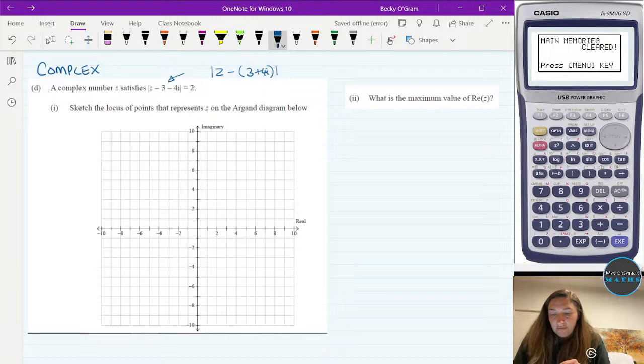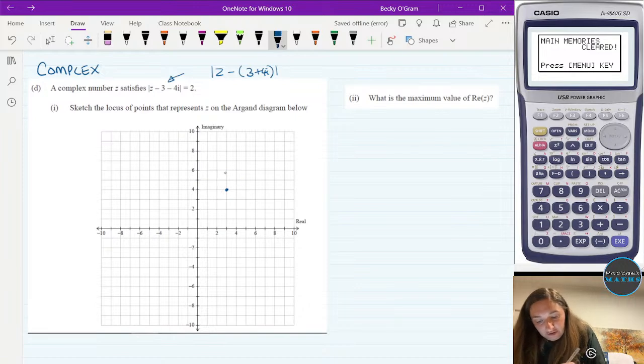This means that 3 plus 4i is the middle of our circle. So there's 3 plus 4i just here. And z minus that means that z is a distance away from the middle of the circle. The modulus tells us it's a set distance away and that set distance is 2. So we're going to draw a circle with radius 2 because that's what was given in the question.